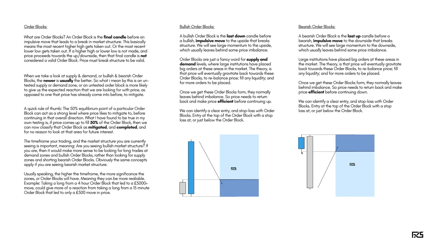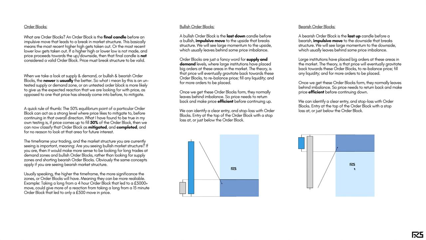So we take the wick with a stop loss at the top of the order block, or we can account for spiking and put it 2 pips above just to give us that leeway. So if price does come up to test this high, we'd be protected, and then we can see price continue down.